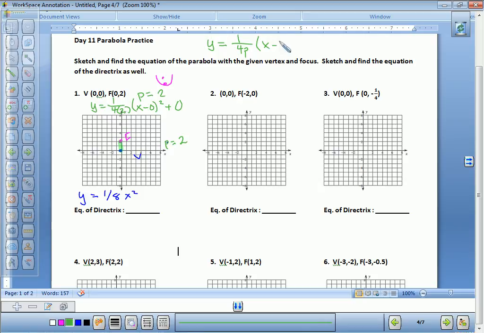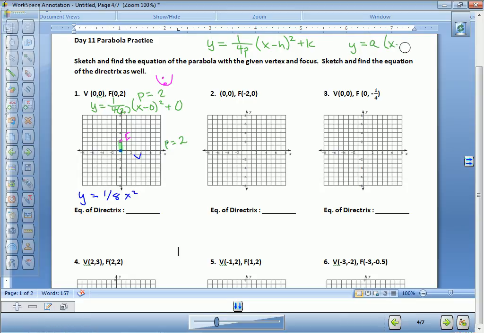It's actually y equals a times x minus h squared plus k. But what is a? 1 divided by 4 times p. So p is 2. You're right, p is 2. And then we plug it in.